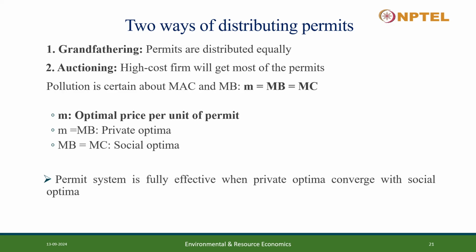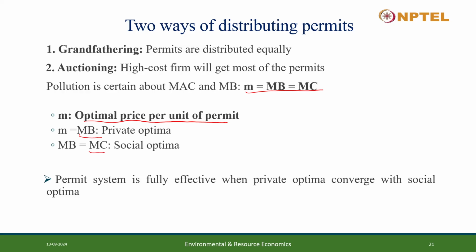Those plants which have lesser marginal abatement cost, these plants will choose to abate. So from here we get M is equals to MB is equals to MC, where M is optimal price per unit of permit and MB is my marginal benefit and MC is the marginal cost, right?